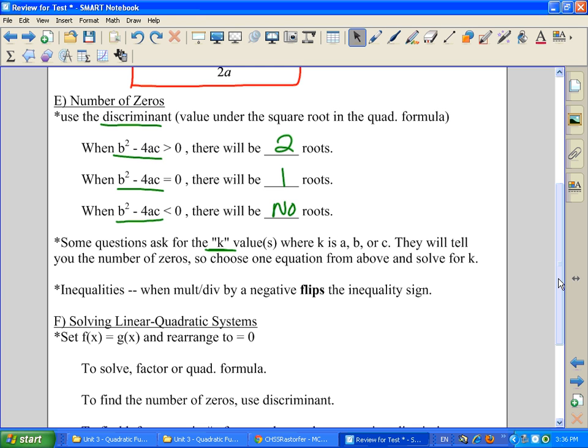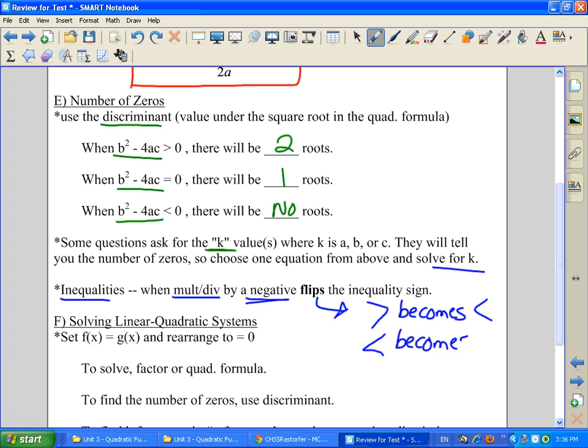Just remember, guys, when you're solving for k and you've got an inequality, remember the rule when you multiply or divide by a negative. It flips the inequality. So a greater than becomes less than, or a less than becomes greater than.